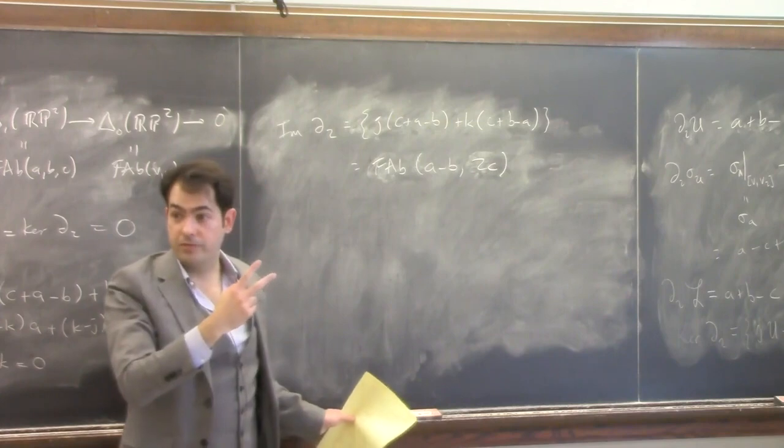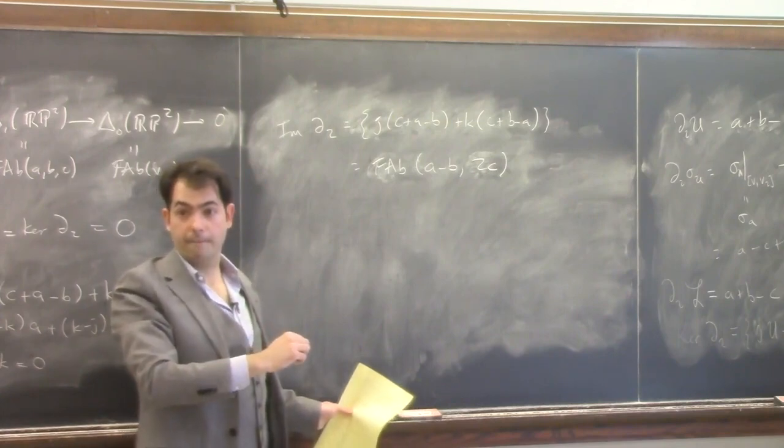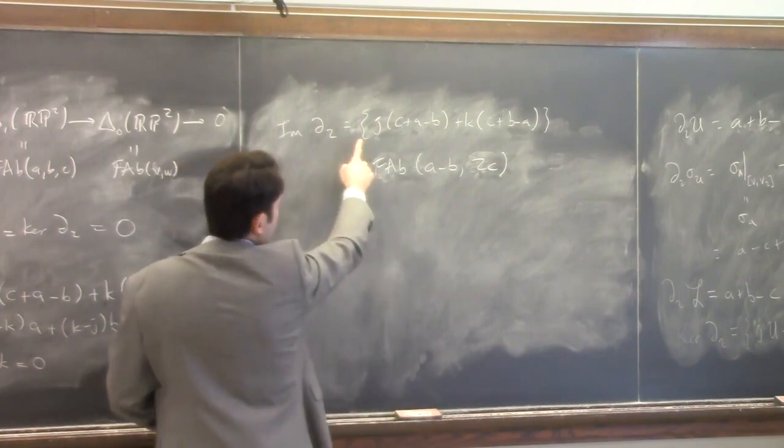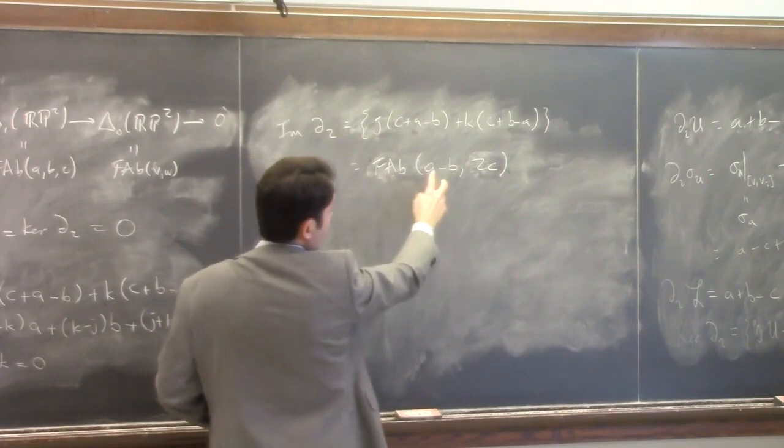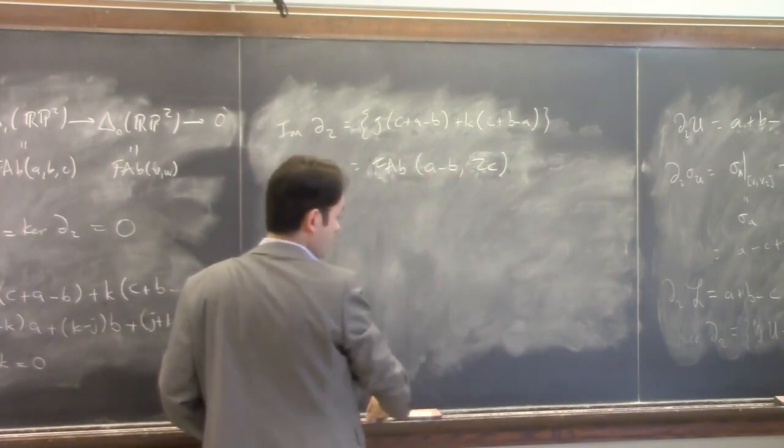So you get a multiple of 2C. So these linear combinations give you the free abelian group on A minus B and 2C.